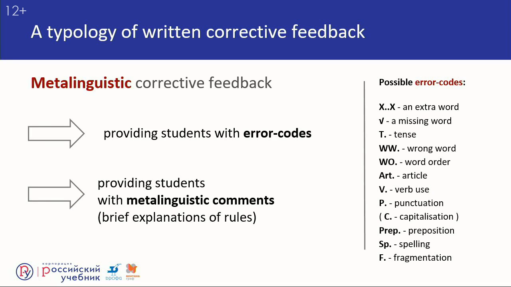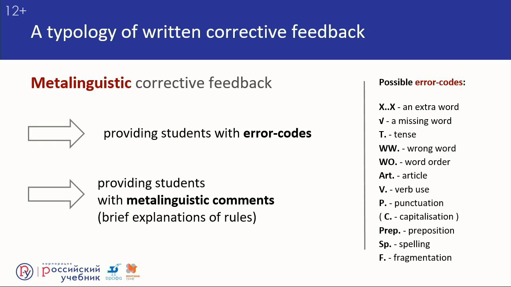There is one more strategy, which is metalinguistic corrective feedback. The point of metalinguistic corrective feedback is actually providing our learners with some linguistic information about the mistake they've made.